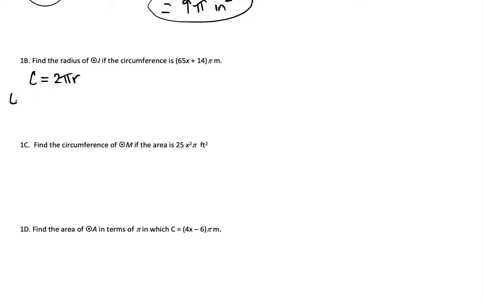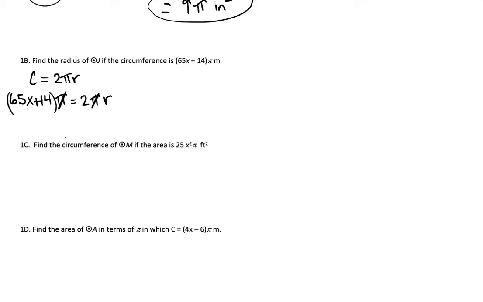They give us the circumference of 65x plus 14 pi equals 2 pi r. And we need to find the radius. So we're going to divide out pi and 2, and then we'll have our answer. If I divide pi on both sides, it just gets rid of it. So that's what I do first.